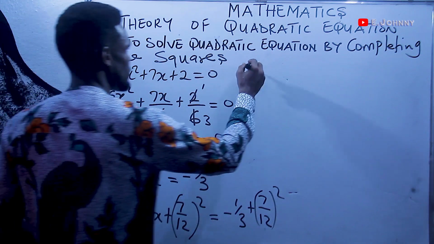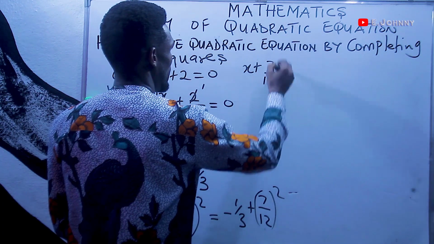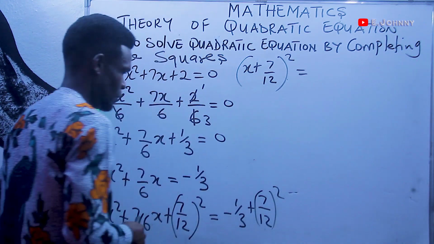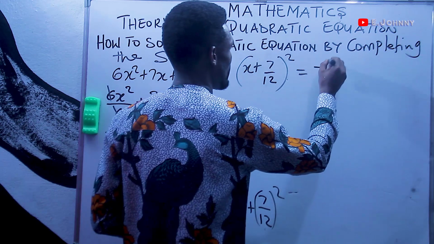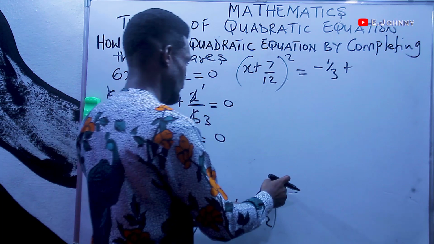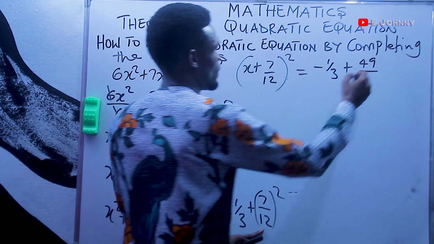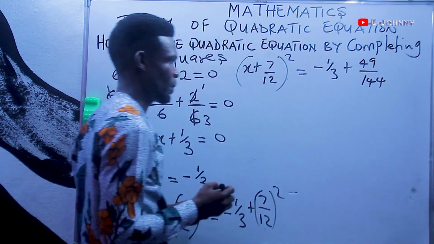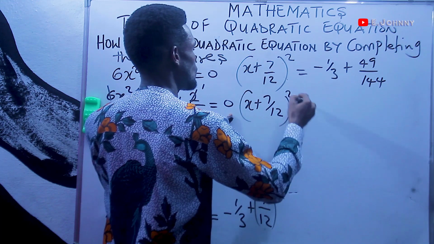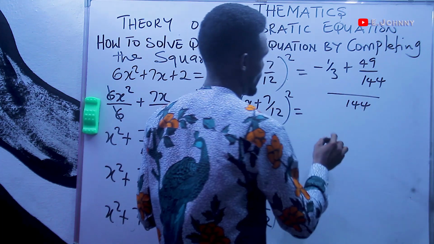Remember, I'll pick one x here plus one 7 over 12 and then square, equals minus 1 over 3 plus 7 squared, that will give us 49 all over 12 squared, 144. So x plus 7 over 12 squared equals, now if you find the LCM, that will be 144.